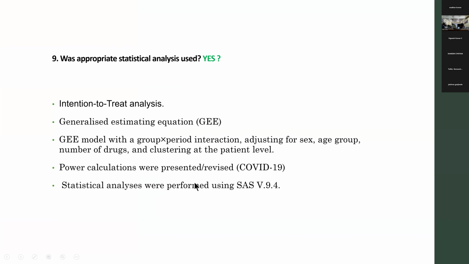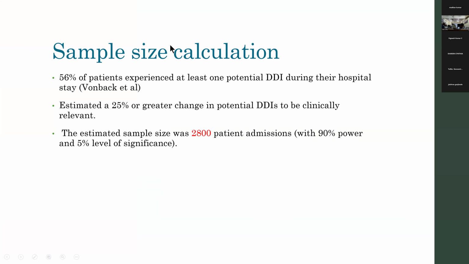So this was the last question in the checklist. I have also included sample size calculation. Pre-study, the sample size was based on a previous study which showed that at least 56% had one potential DDI. They estimated a 25% difference to be clinically relevant, so the sample size was 2,800 for 98% power with a 5% level of significance.